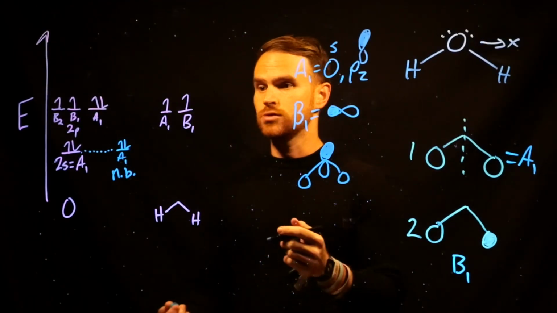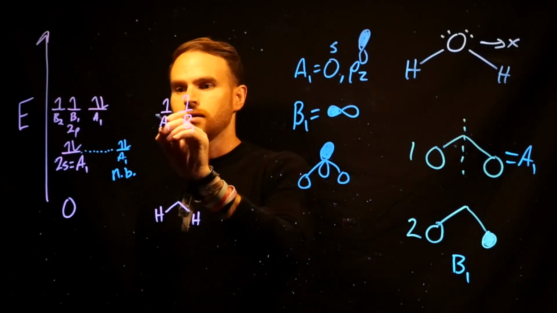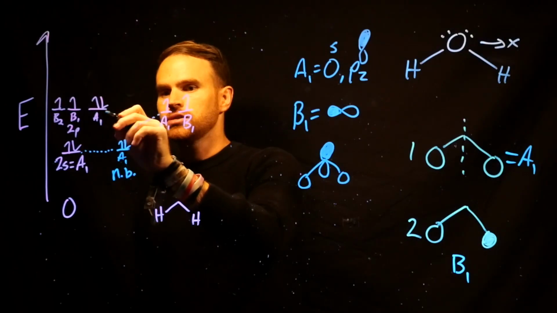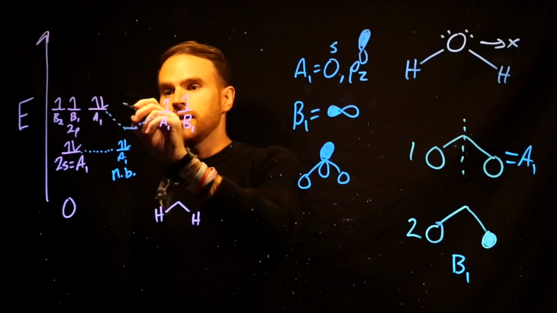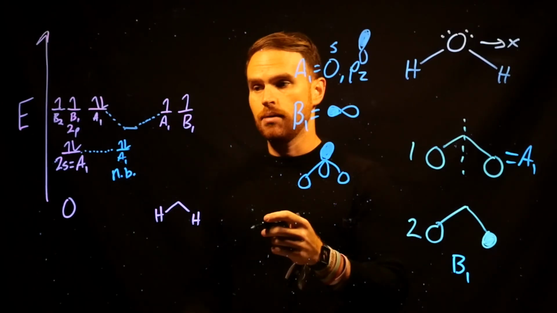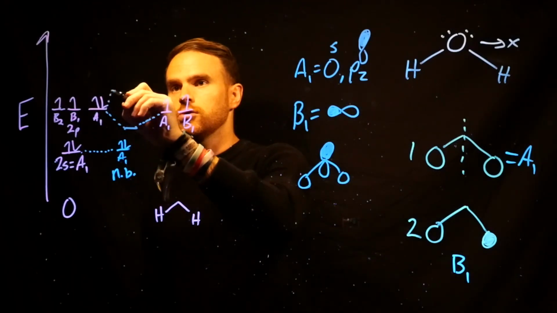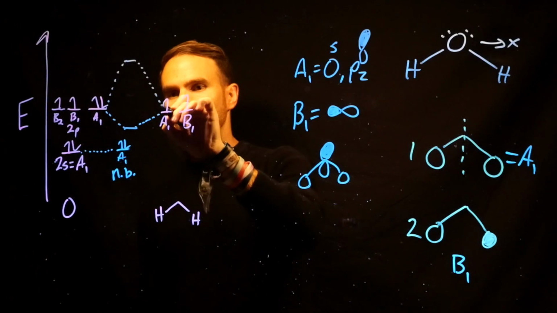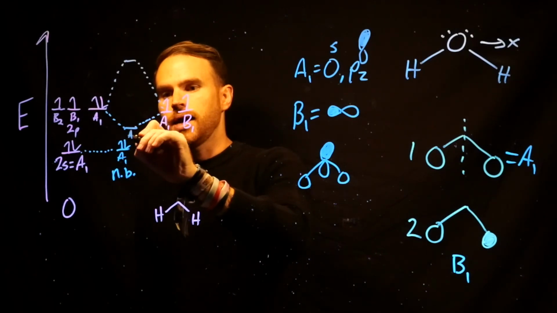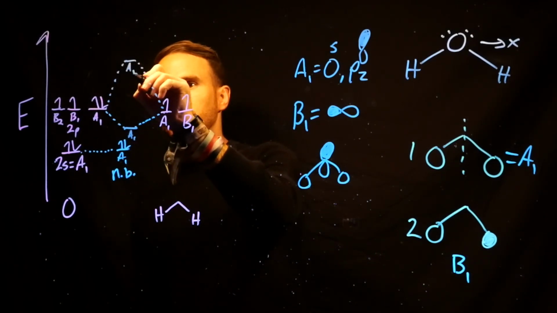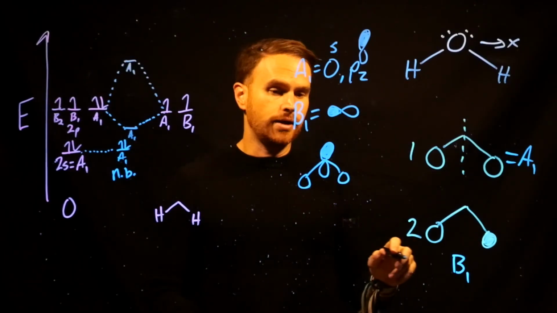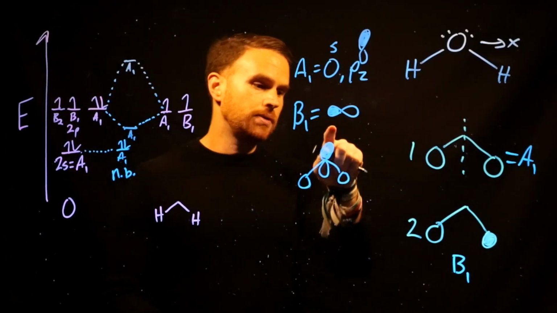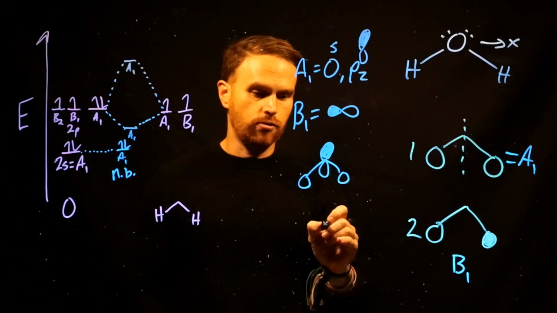And in fact, that is what has happened. So we would take the A1 and create our first sigma bond. And don't forget, anytime you create a bonding molecular orbital, you also need to make the corresponding anti-bonding molecular orbital. And both of these are going to be A1s.